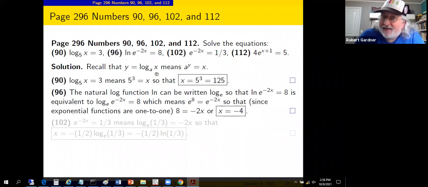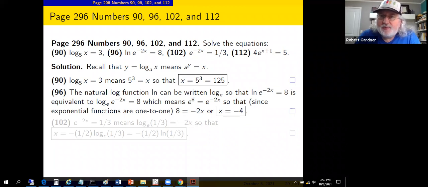Now it looks exactly like this, and we can pick the letters off and rewrite this as the base to the right-hand side equals the stuff inside. e to the 8th power equals this, e to the negative 2x. Why, here we've got the same base and equality, so the exponents must be the same because exponential functions are 1 to 1. We must have 8 equals negative 2x or x equals negative 4. So we solve that one.